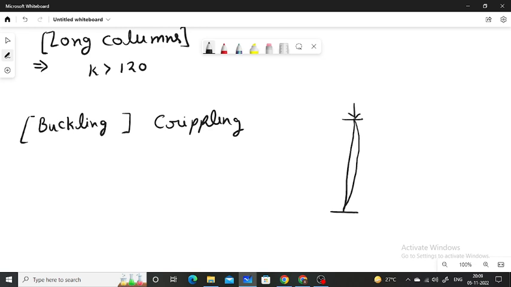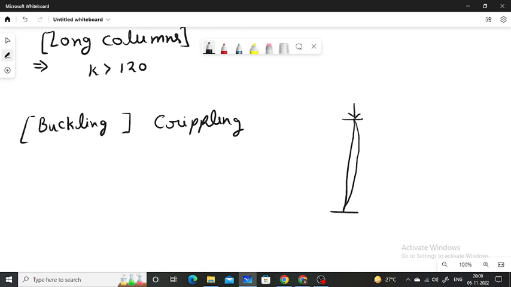Buckling or crippling: the maximum limiting load at which the column tends to have lateral displacement, or tends to buckle, is called buckling or crippling load. The buckling takes place about the axis having minimum radius of gyration, at least moment of inertia.